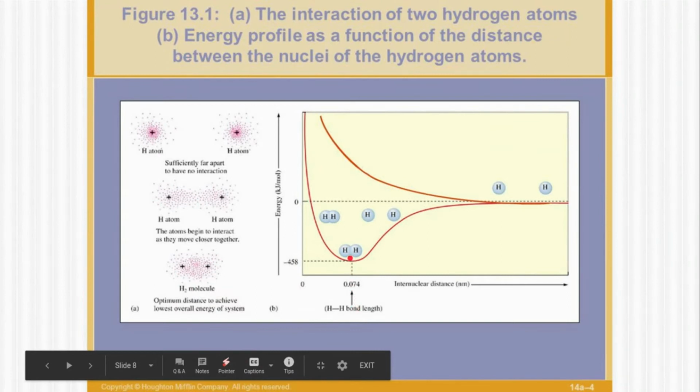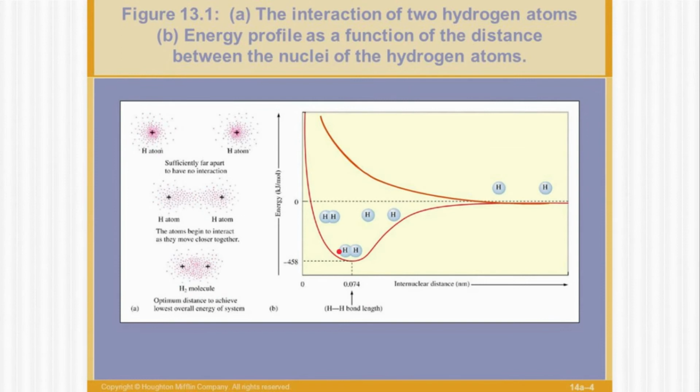That is the optimum distance to get the least amount of energy out of this system. If they start to get any closer together, they're going to start repelling each other again. And so they're going to move apart. The energy is going to go back up until it kind of stabilizes out here. But this is where the bond will form when we reach that minimum amount of energy.